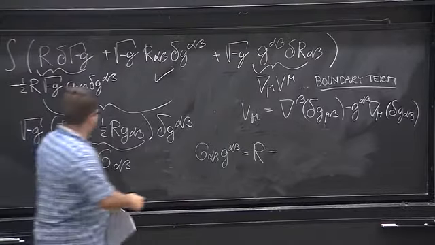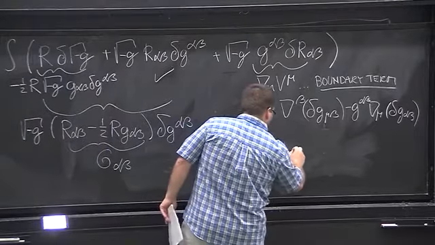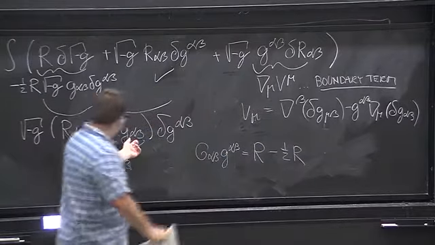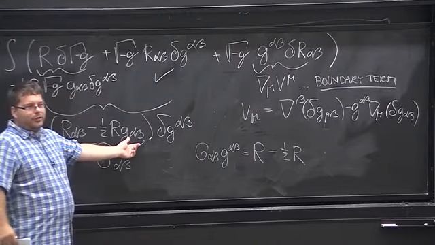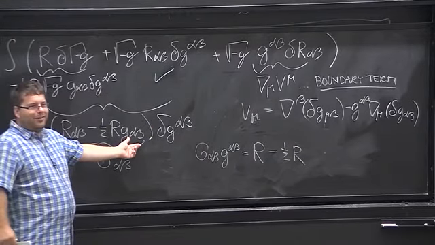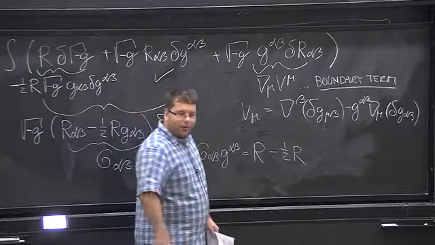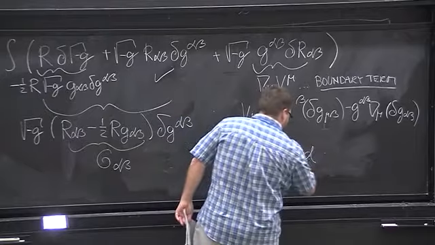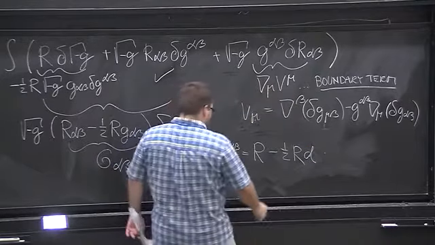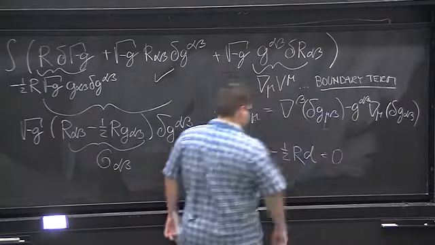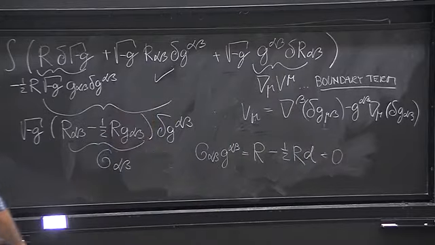I have minus 1/2 R, and then I have g alpha beta g alpha beta. What is that? It would be 4 in 4 dimensions, or generally d here. And so if G alpha beta is 0, the contraction of that must also be 0.